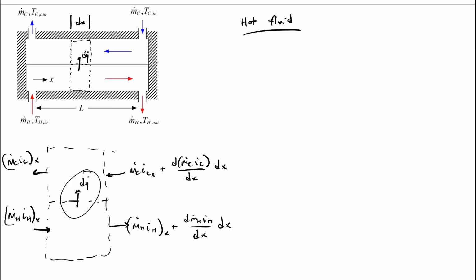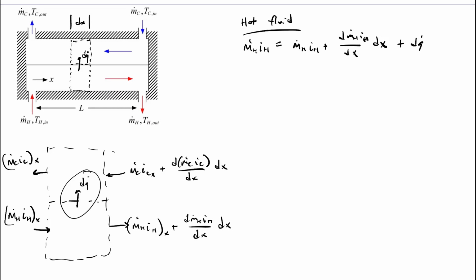Okay, so first for the hot fluid, we write out the energy balance on the hot side, and that's going to be m dot h i_h is equal to m dot h i_h plus d(m dot h i_h)/dx times dx, plus dq dot.